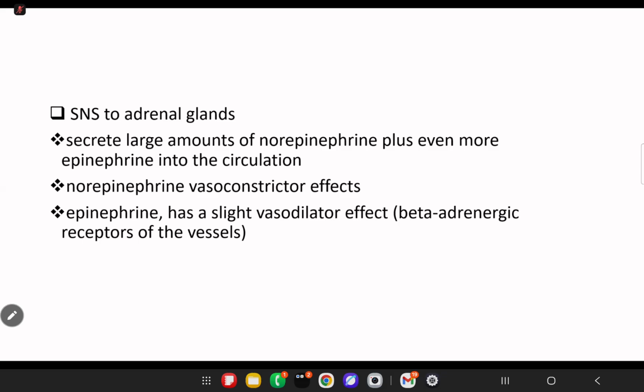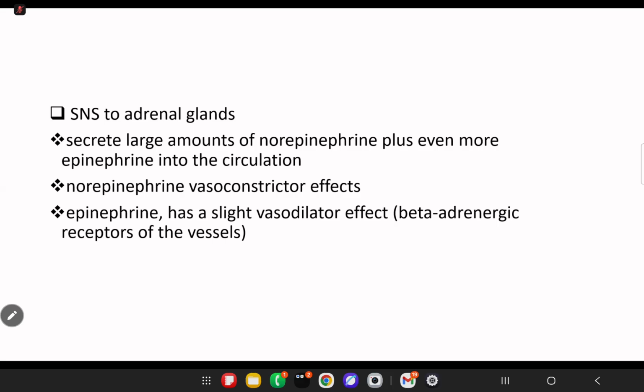Then there is sympathetic nervous system action through the adrenal glands. When there's sympathetic nervous system activity, the adrenal glands get involved, and they release 80% adrenaline and 20% noradrenaline.